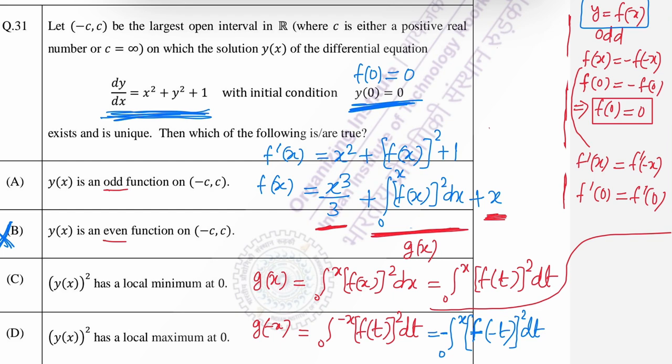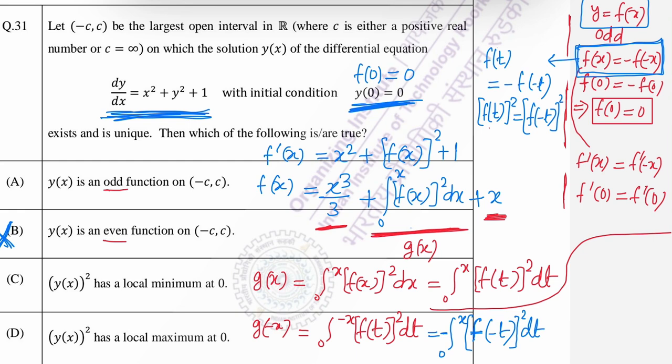Now see this equation. From this I can write f(t) equals minus of f(minus t), and if you take the square on both sides, then f(t) square equals f(minus t) square.